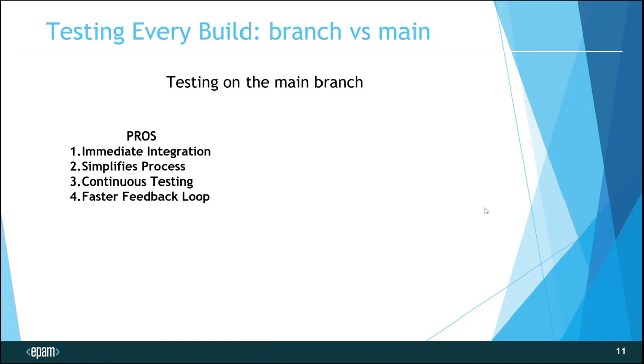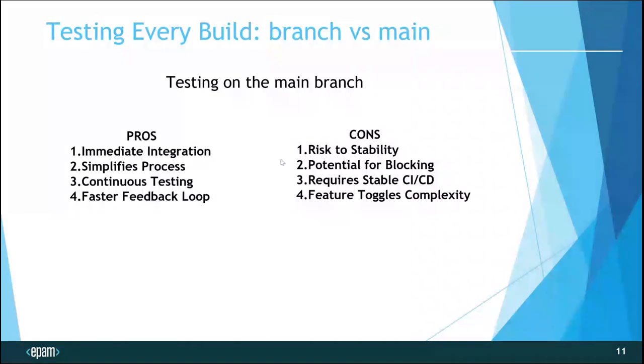That leads to improvement of overall quality of the system. And faster feedback loop. Developers receive immediate feedback on their changes if they have some automated tests in the pipeline during version activities. But also, such approach has some drawbacks.